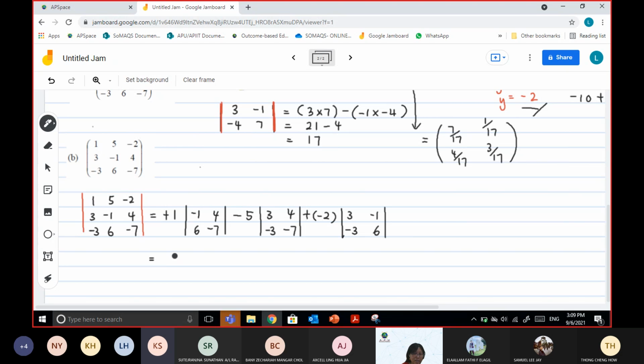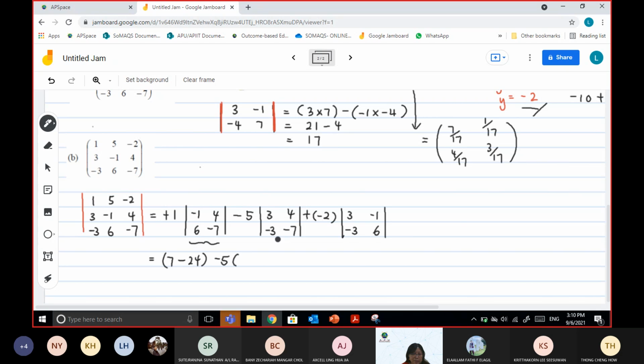Yes, miss, I'm here. How to calculate this one? Which number multiplies which one? Negative 1 and negative 7, so we get 7 minus 24. Okay, correct.